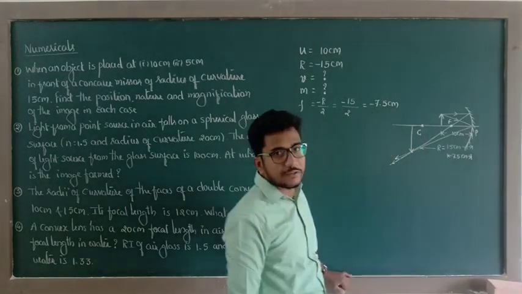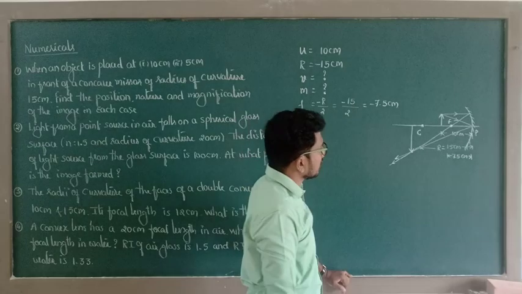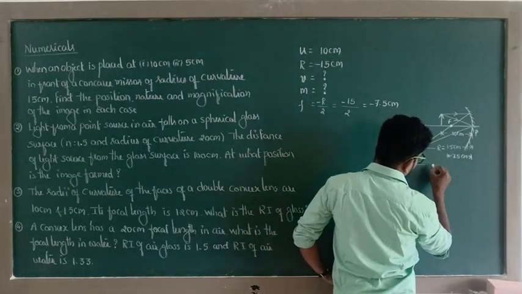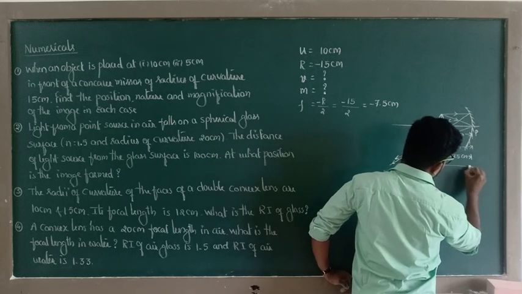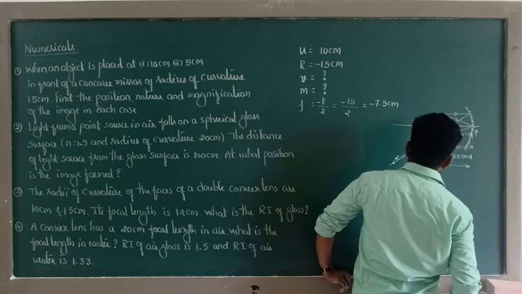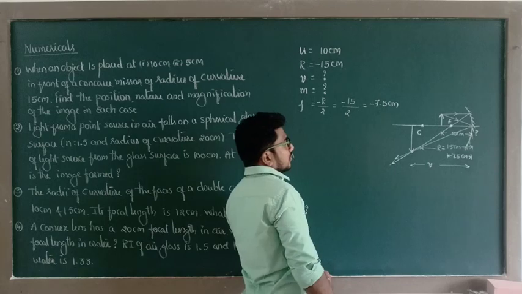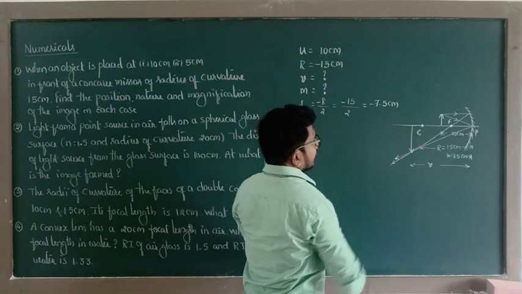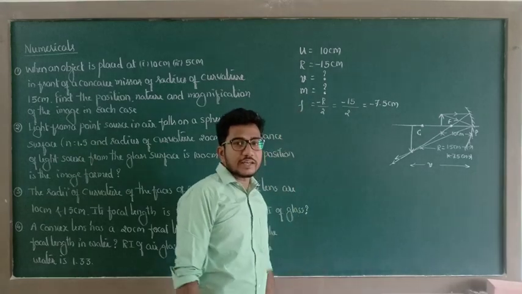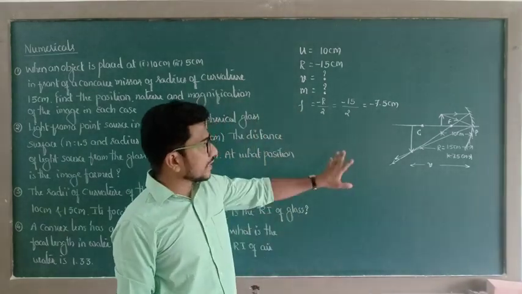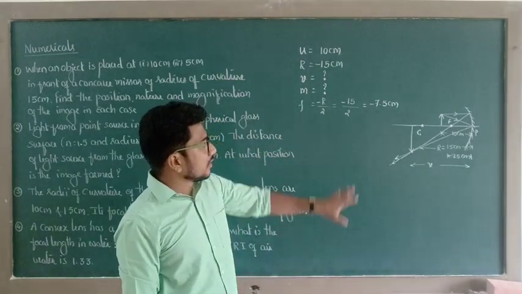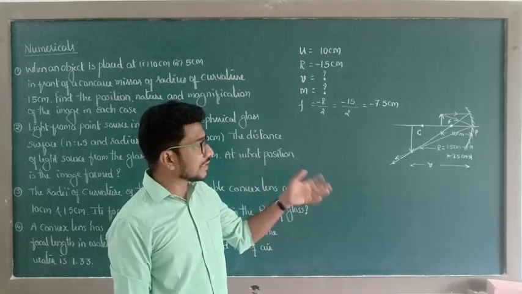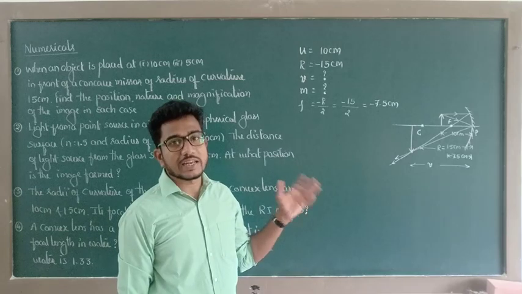So this is our image distance, that is v. We have to find out this image distance. So this is the bird's-eye view of the numerical. Simply by observing that ray diagram, we can analyze the numerical: what the given data are and what we have to calculate.